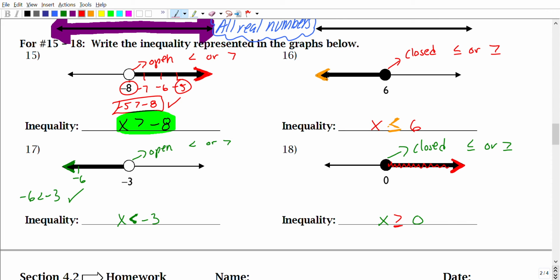However, they're different in the fact that we have extra rules for inequalities, those being that you have to flip the sign if you multiply by a negative number, or if you divide by a negative number. And you might also have to rewrite it if the variable is on the right hand side of the inequality. Make sure you rewrite it so it's on the left side, so you can go ahead and draw your number line. Okay, and I think that would be basically the summary of this section.